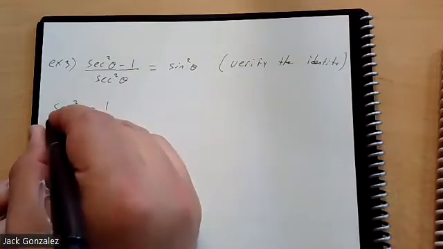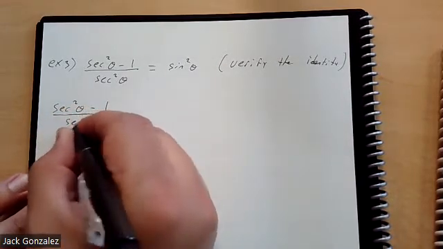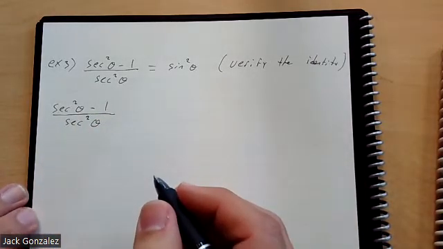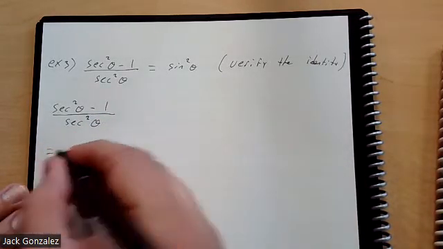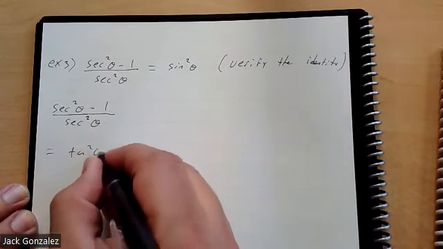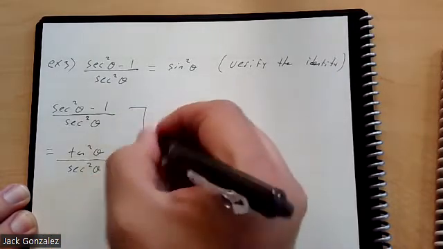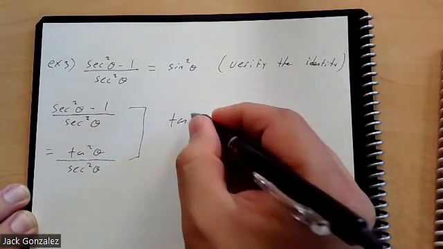What is secant squared minus 1 equal to on your formula sheet? Yeah, it's going to be tan squared, right? Okay, we got tan squared. So from here to here, we use the Pythagorean.